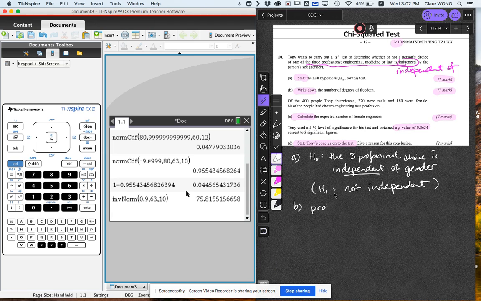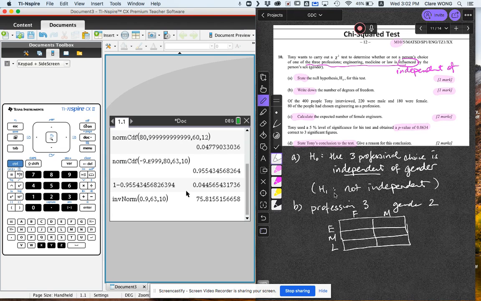Profession, you have 3, and gender, you have 2. So if you have to have a table, then you will have engineering, medicine, and law, and female and male here.